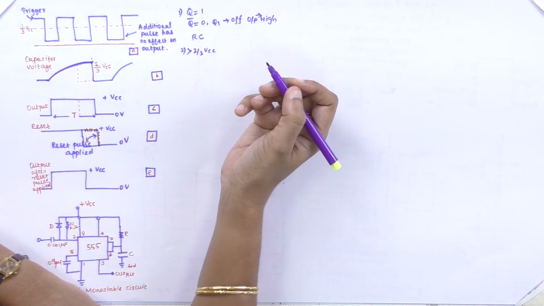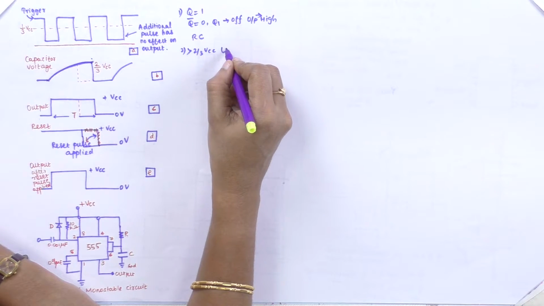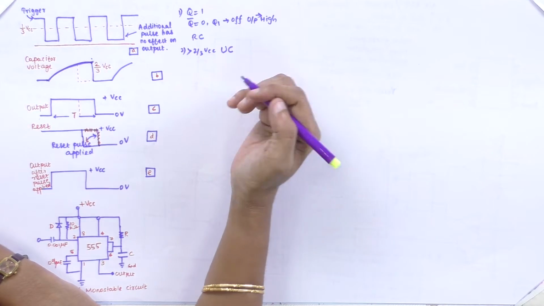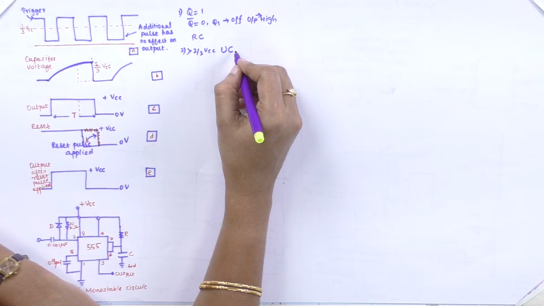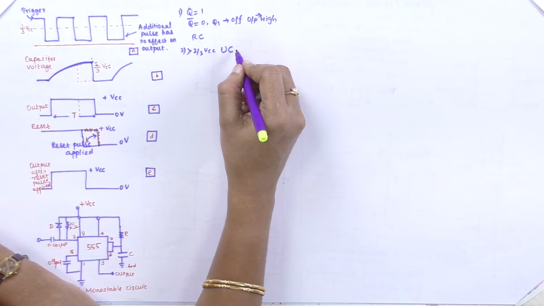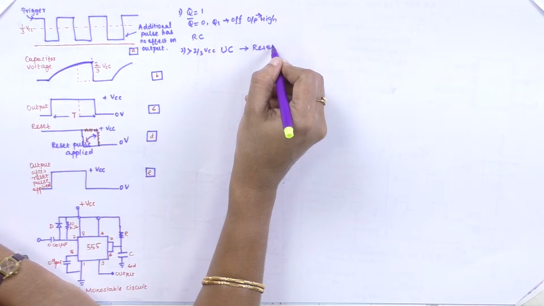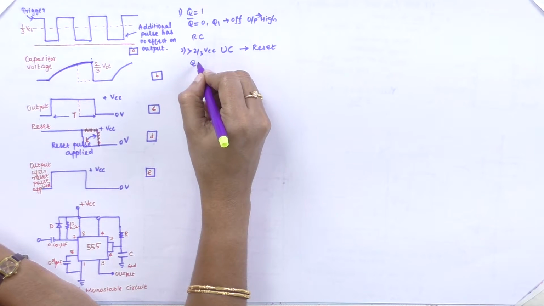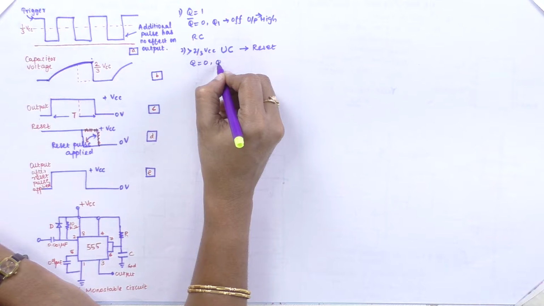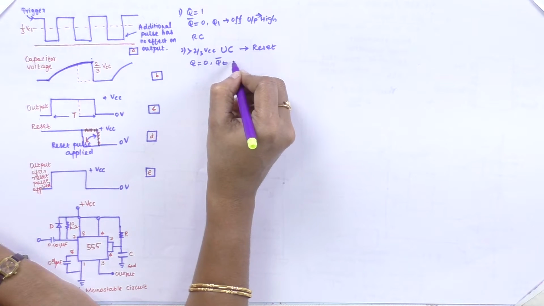Once it reaches the threshold of 2/3 VCC and goes greater than 2/3 VCC, your upper comparator gets triggered. So your upper comparator is high, then your flip-flop will be in a reset condition. In that reset condition, your Q will be 0 and Q bar will be 1.